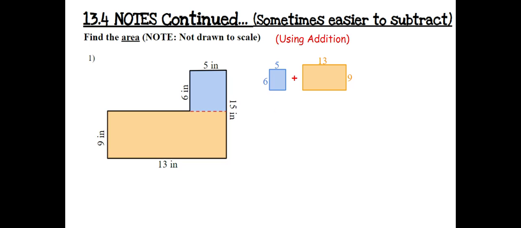For this blue one, since we're dealing with a rectangle, my formula is base times height, which means I'm going to do 5 times 6, which is 30. That doesn't seem like a big deal to write out, but you would be amazed at how many times I get quizzes back and they divided by 2. And I'm like, why did you divide by 2? Well, because other times I divided by 2. Yeah, when you're dealing with a triangle or a rhombus or a trapezoid. Does that look like any of those figures?